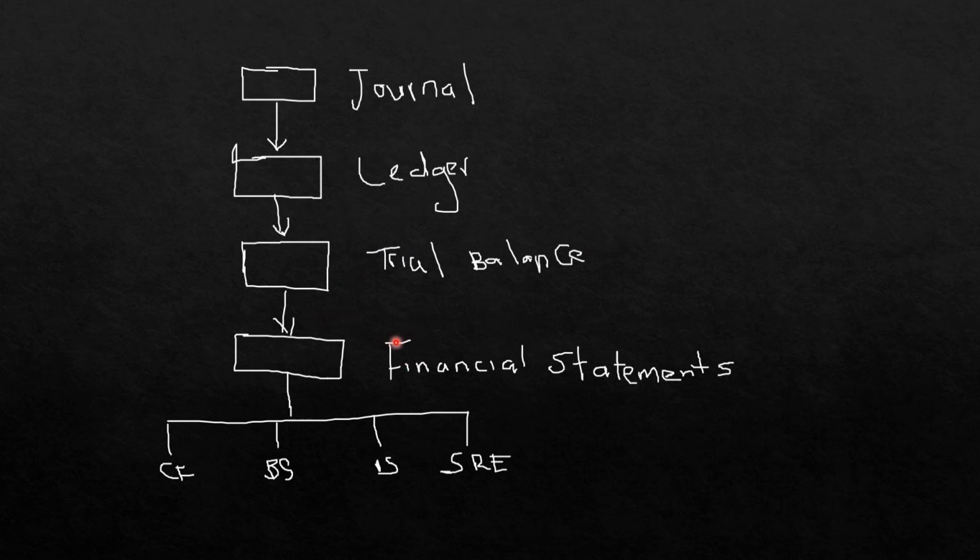Then finally, I'll look at how to create financial statements from the same records in the trial balance. So we'll define what journal, ledger, trial balance, and financial statements are, and that will be lesson one. The next time we meet, we'll look at how to do the entries. We'll do some calculations. So for now, let's define what journal is.